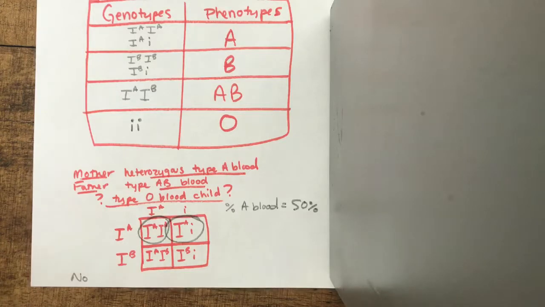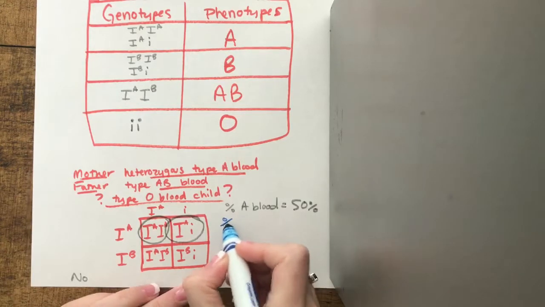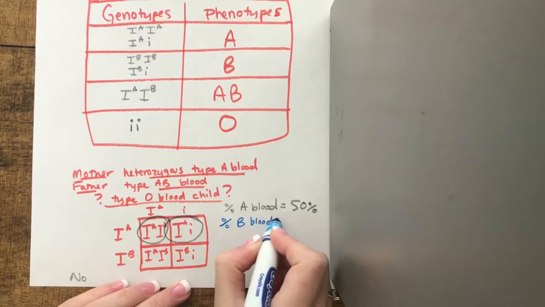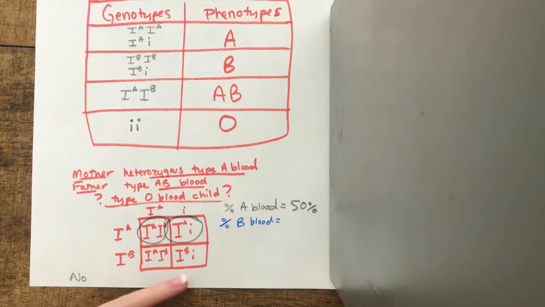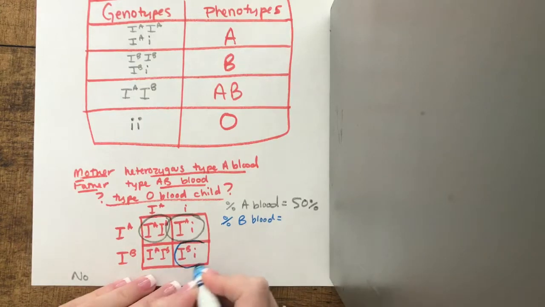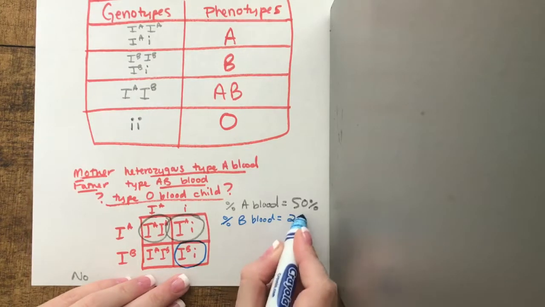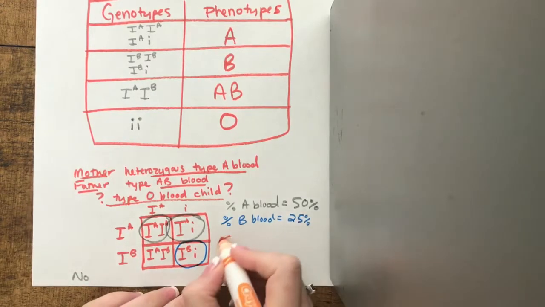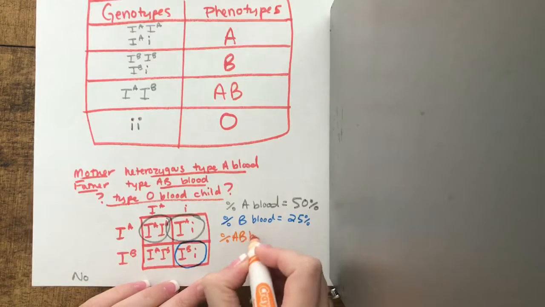What percent has type B blood? Well, this is the only one with type B blood, so it's going to be 25%. And then what percent has AB blood?